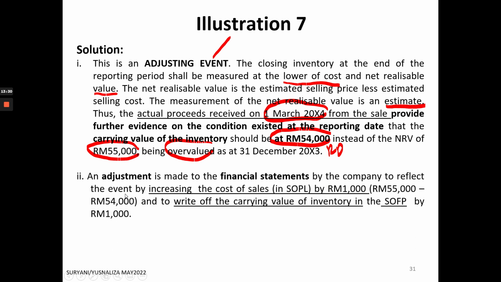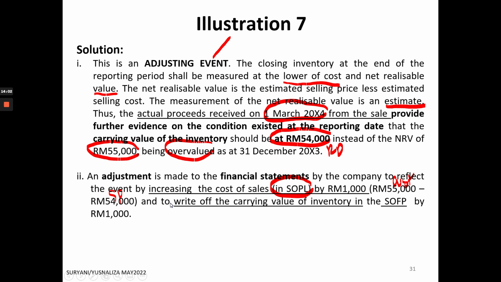How? You have to reflect the adjusted amount recognized in the inventories account as well as cost of sale. You need to reflect that by doing an adjustment, increasing the cost of sale in the SOPL by 1,000. This is the difference between the cost and the selling price, the sale price of the inventory that took place after the reporting date.